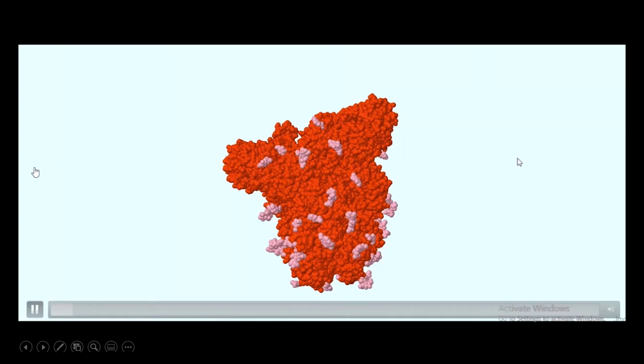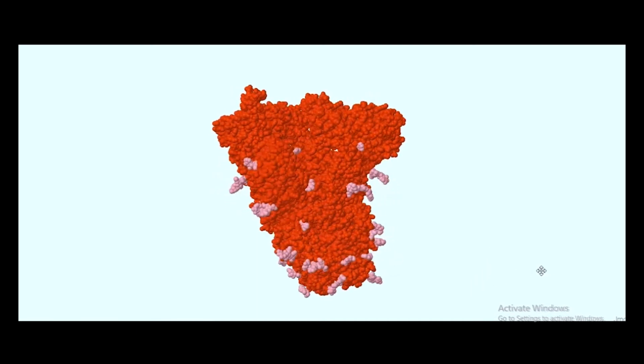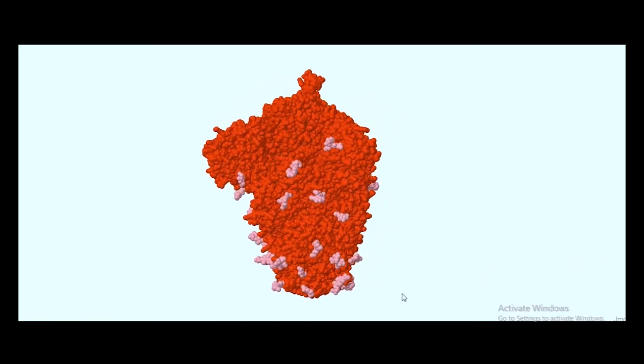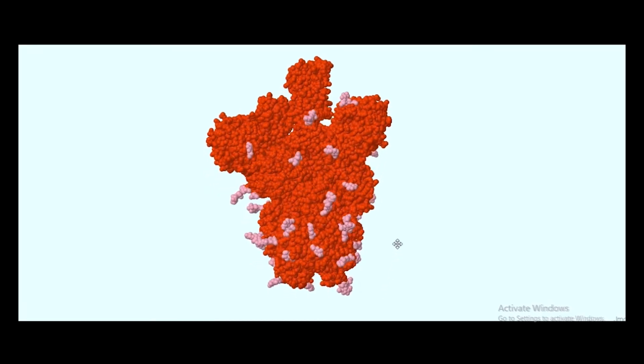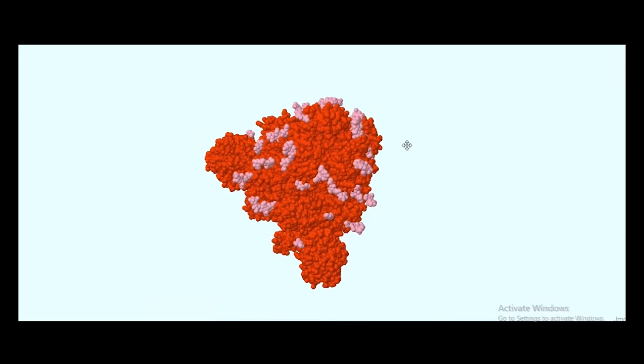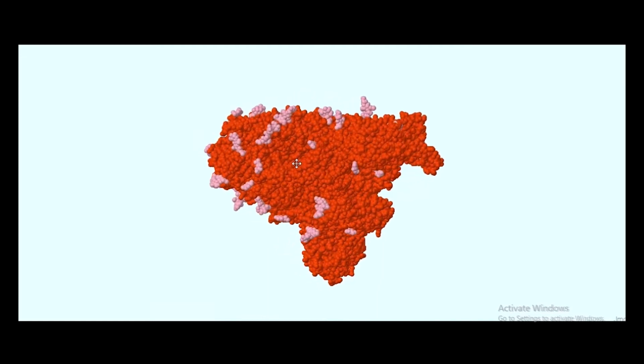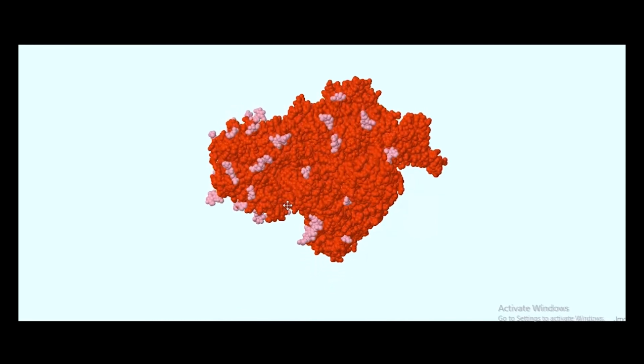Let's talk about the significance of sugar trees when it comes to the spike protein. When a virus infects a human cell, the cell's ribosome picks up viral RNA and translates it into proteins inside of the cell. Cellular enzymes start adding mannose sugars to newly synthesized proteins as they exit the ribosome.